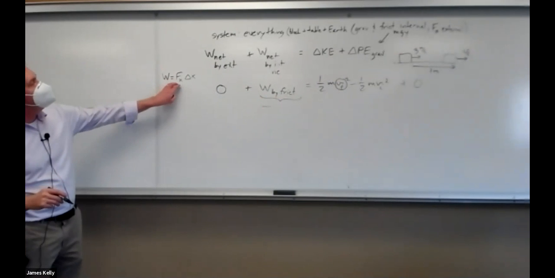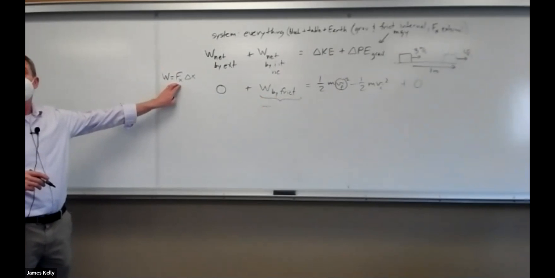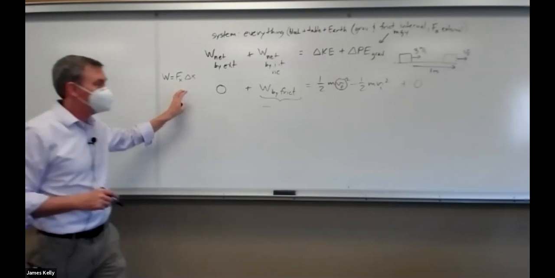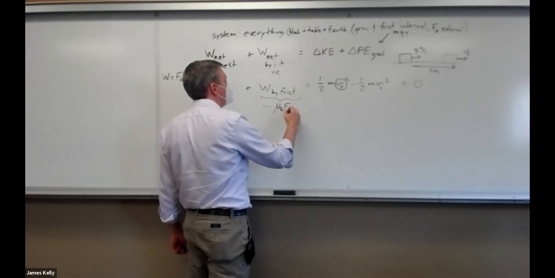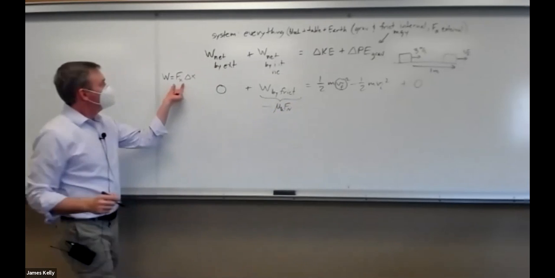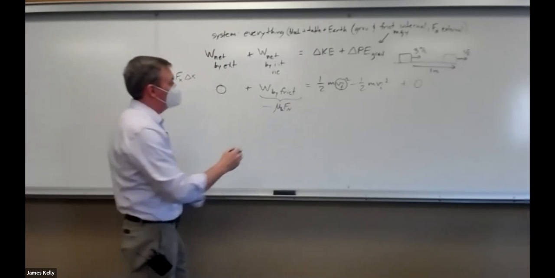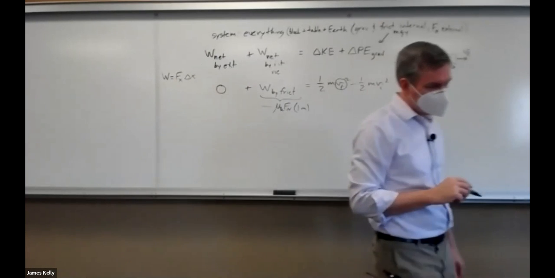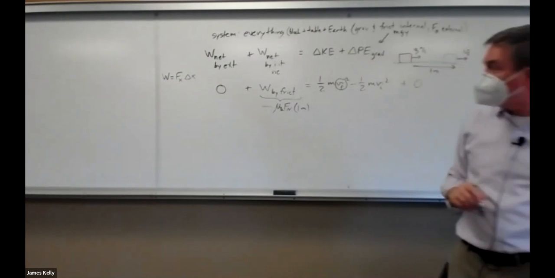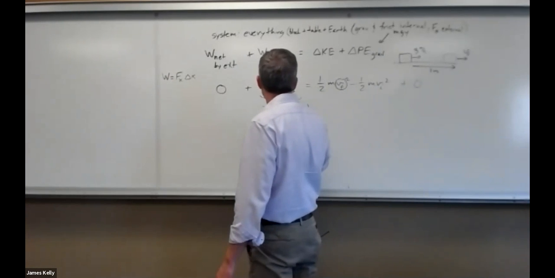And then the magnitude of the x component is mu k times the normal force. And then I have to multiply by delta x, which I think is 1 meter here, right? And we're given mu k. This time we're going to use it 0.3. How about the normal force?